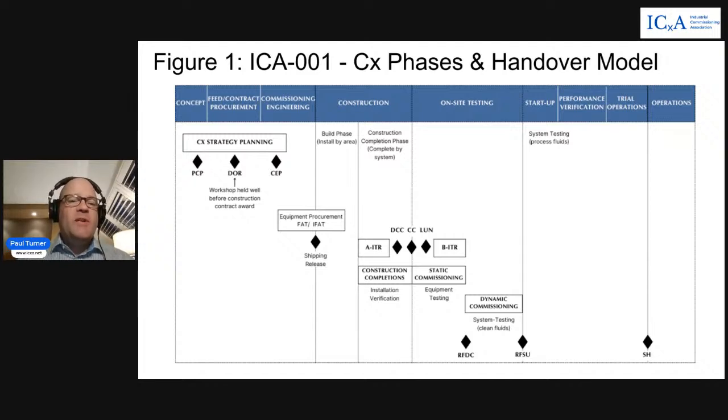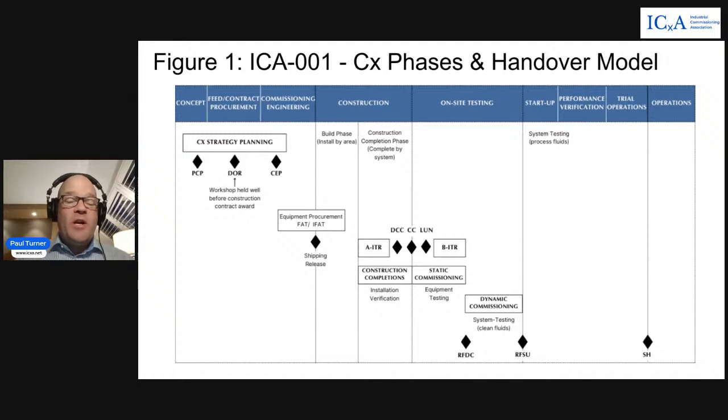And this is taking place a little bit into our detailed design phase, at the point in time where enough of the design is complete, where we have tagged equipment lists and details to start planning, preparing for the specifics of commissioning: exactly what are our commissioning checklists, what are our commissioning procedures, all the documentation that's prepared in advance so that we're ready for on-site testing later.